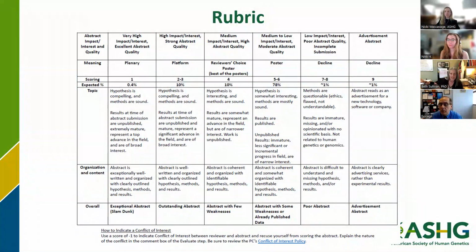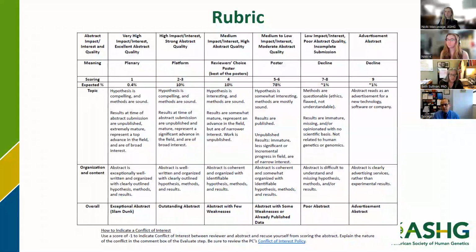And we were programming 11 and 12s for platforms where abstracts that had scored like 8s or 9s were not getting platforms. So we're hoping that by stretching out the scoring rubric a little bit more, we can have a bit more refinement in our scoring, so it'll be a little bit easier to see how we can program platforms versus posters.